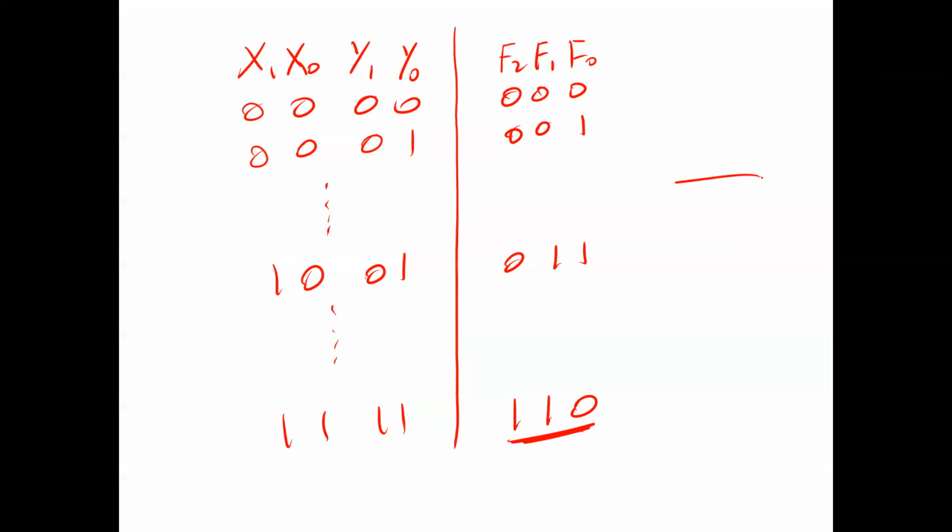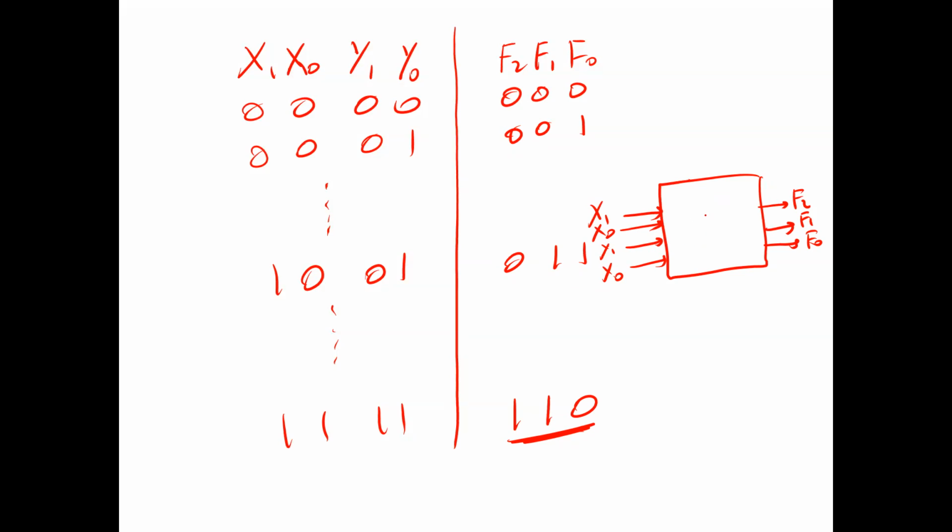If I want to design or implement this in a ROM, I have 4 inputs, x1, x0, y1, y0, and I should have 3 outputs, which are f2, f1, and f0. You can use any combinational logic that you want here, if I didn't specify.